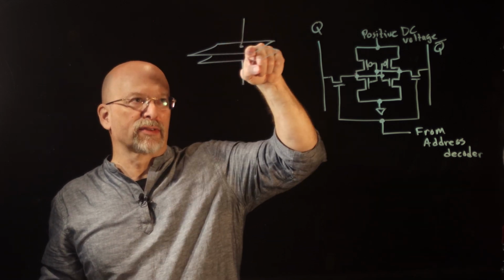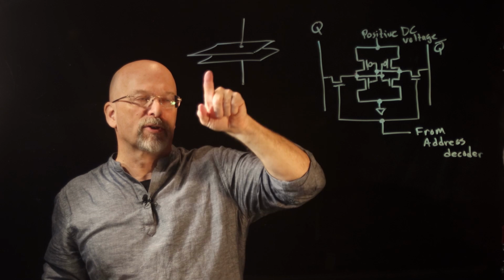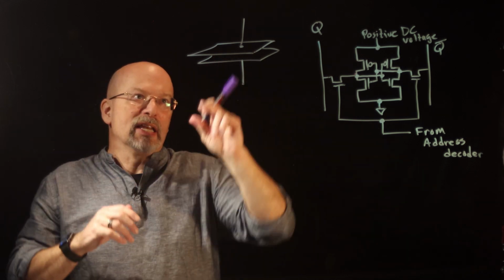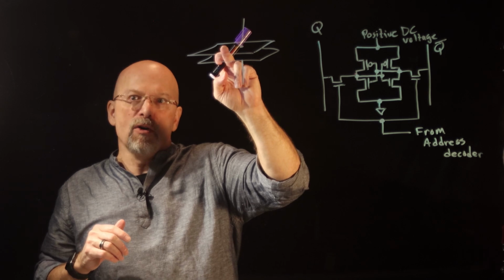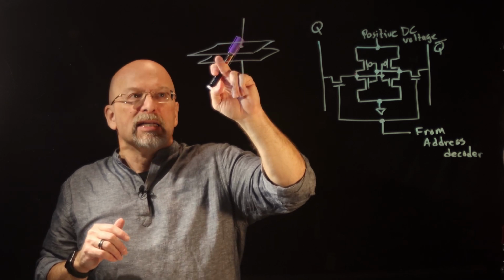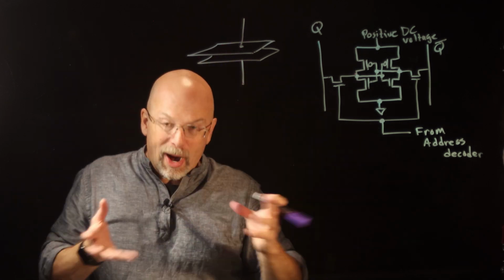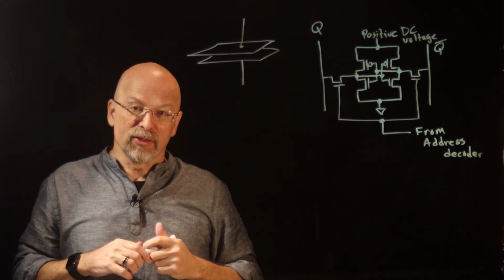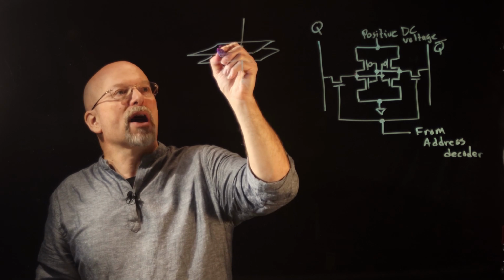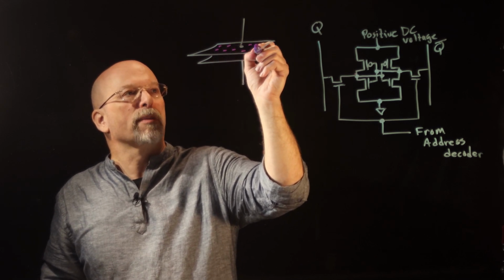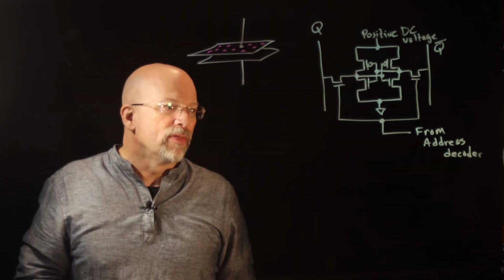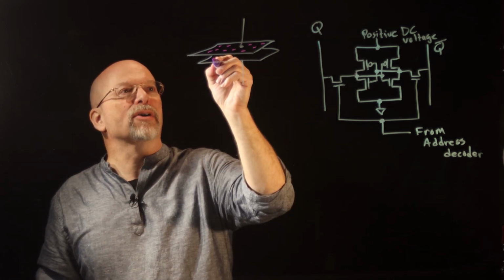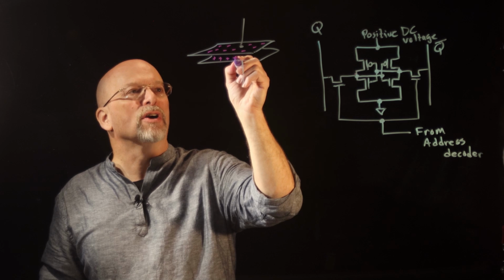So what I've got here is a conductive plate separated from another conductive plate, and there's a dielectric in there that makes it so that any charge on the one plate attracts an opposite charge from the other plate, but yet doesn't allow the two to pass through. So if I put a whole bunch of electrons, a negative charge, on this one plate, then the dielectric and the plates being so close together allow positive charges.